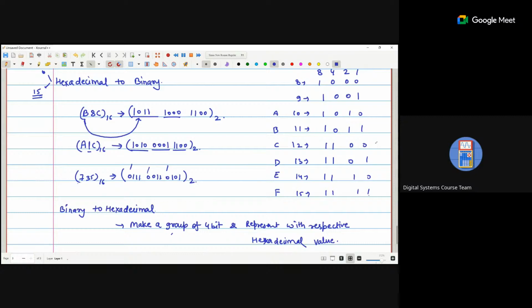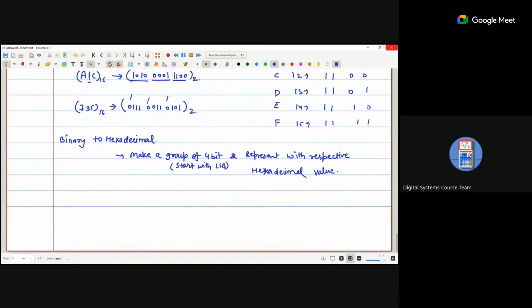Again, remember that when you create groups of 4 bits, start from the LSB.